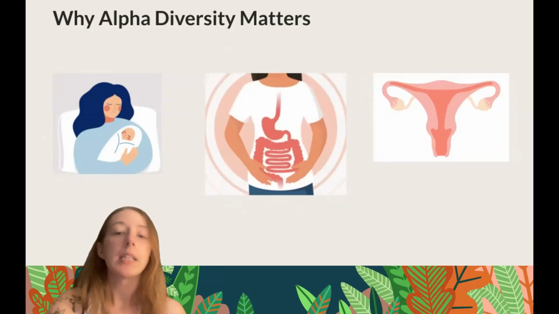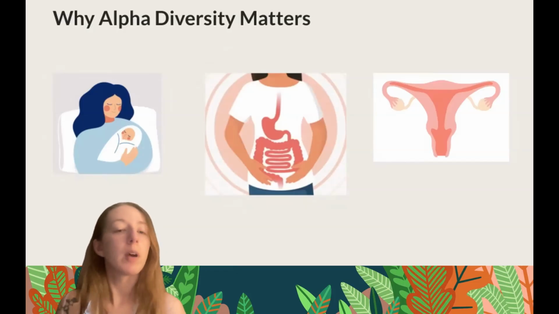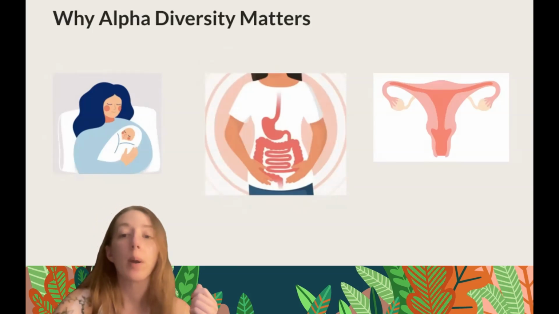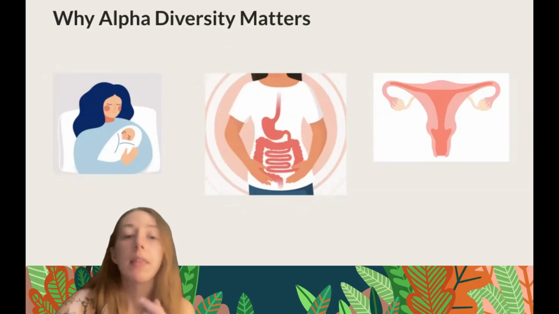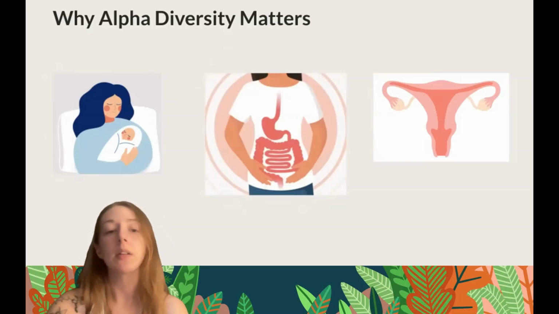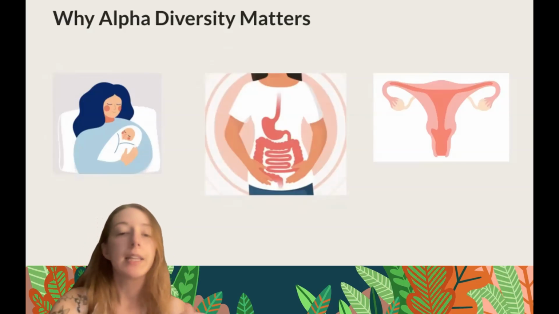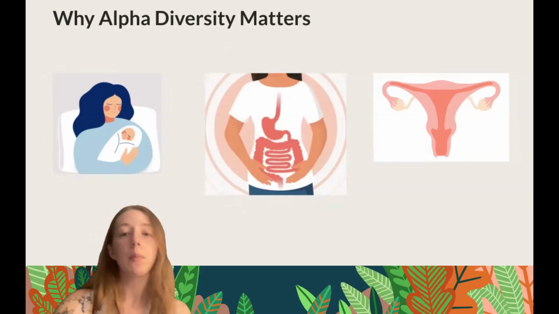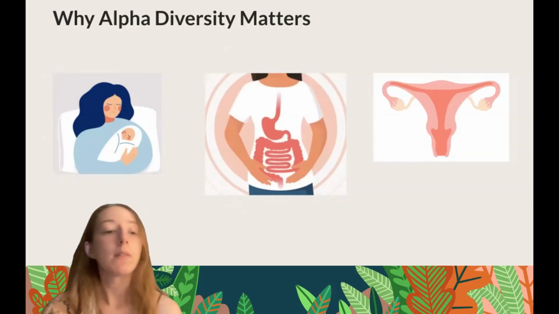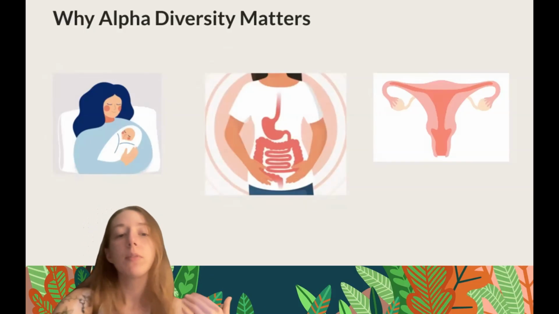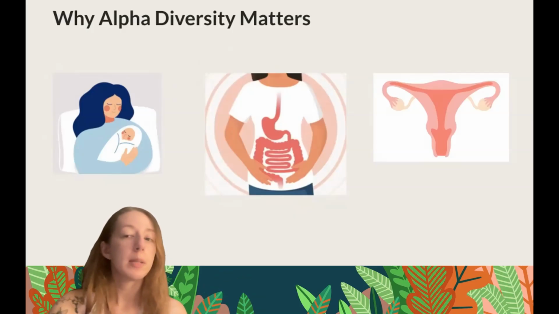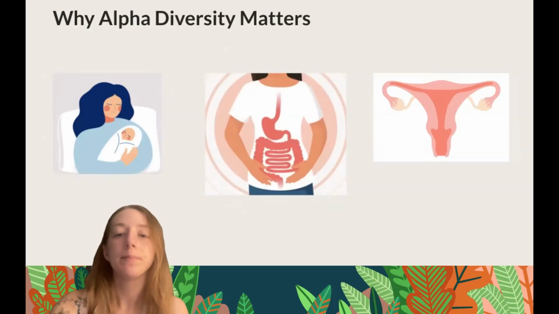And so this allows pathogenic blooms, where it now doesn't have a lot of competition, and can bloom, outgrow and become dominant. That sometimes happens with C. difficile in the gut, for example. Inflammatory bowel disease is another example where the Shannon diversity is often decreased, and this could reflect the ecological instability rather than one pathogen taking hold.